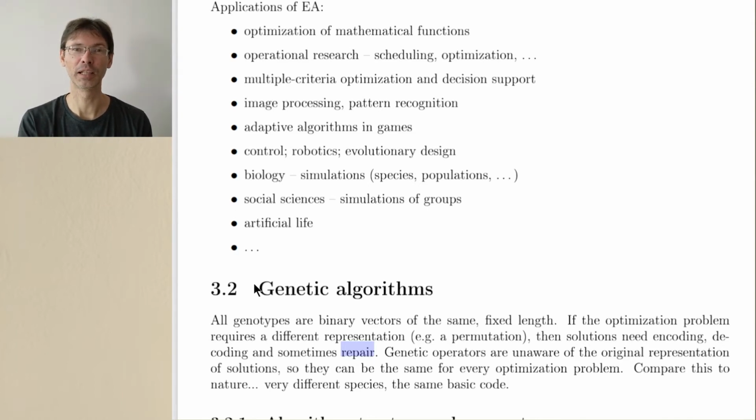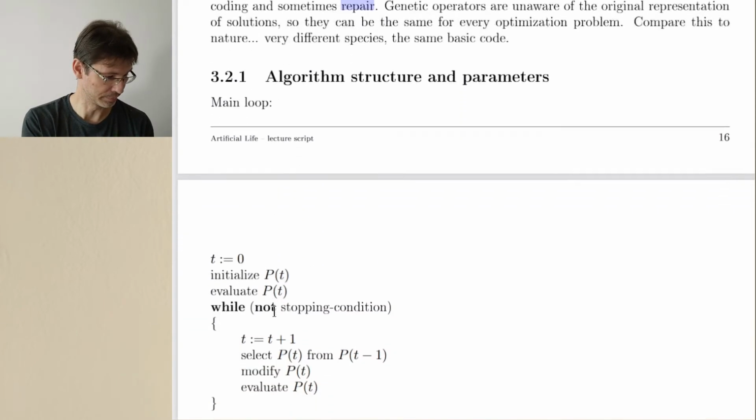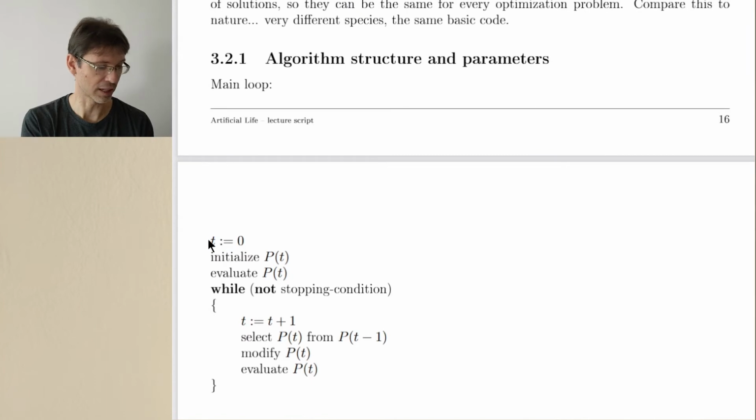Now let's talk about algorithm structure and its parameters. Main loop. We initialize our time counter, let's call it a time variable. Initialize P of t. This capital P means a population. So we have a set of solutions and somehow we need to initialize them. How to initialize solutions?